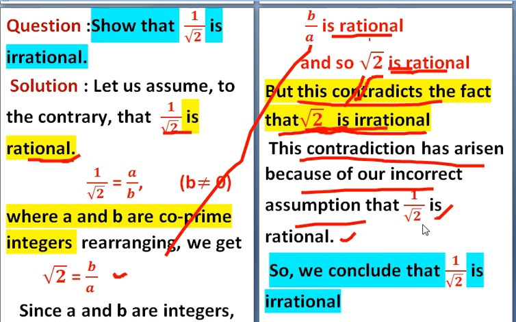So 1 by root 2 will not be rational, and if it is not rational, then we conclude that 1 by root 2 is irrational.